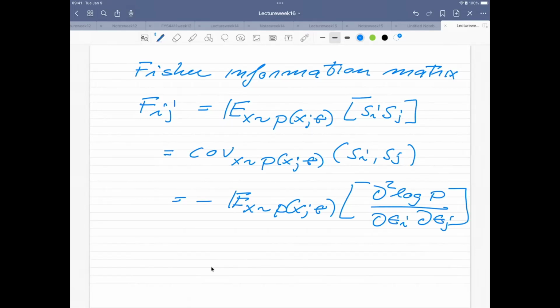Now, this quantity can then be used to define a measure and a metric, which is used in the optimization problem.